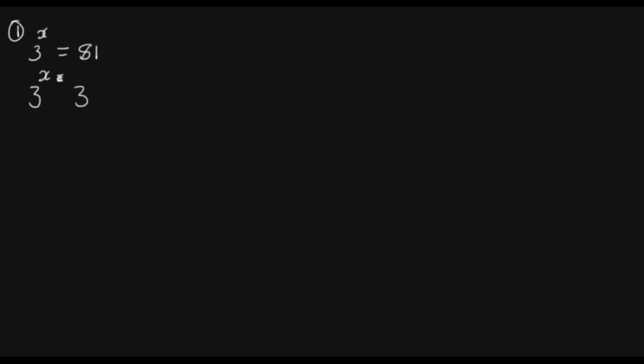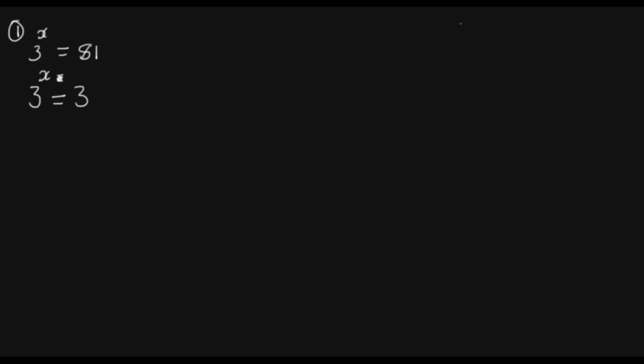So we have to make sure that here we need to have the same bases before we do the simplification. So we can see that on the left side we have 3 as our base, even on the right side we have 3. So now we need to come up with what number can we raise 3 to so that we give 81.